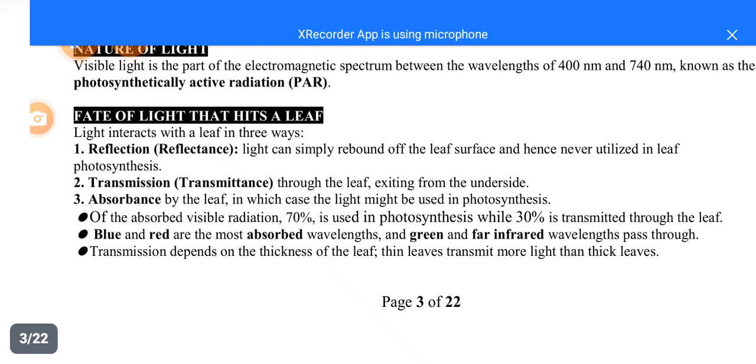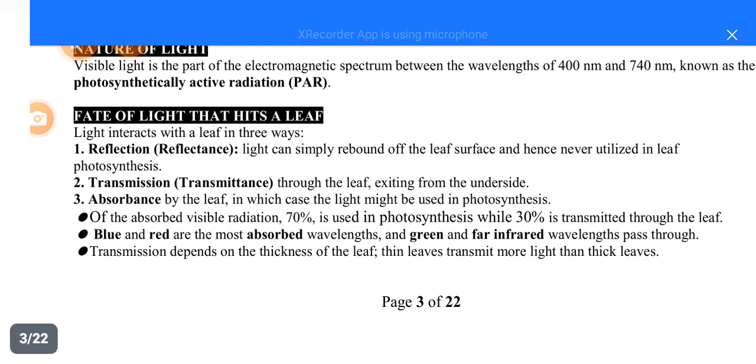So here we are looking at number 1, which is reflection, and we are saying that light can simply rebound off the leaf surface and hence never be utilized in leaf photosynthesis. That is light which can be reflected off from the leaf, or bounced off from the leaf. Then number 2 is transmission or transmittance.